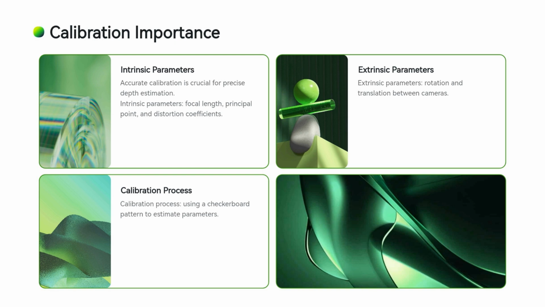Extrinsic parameters define the relative position and orientation of the cameras. This includes the rotation and translation between the two cameras, which is crucial for establishing the geometry of the stereo setup. The calibration process often uses a checkerboard pattern or other known patterns in a series of images to estimate these parameters. Once calibrated, the stereo system can compute the disparity in depth with greater accuracy.